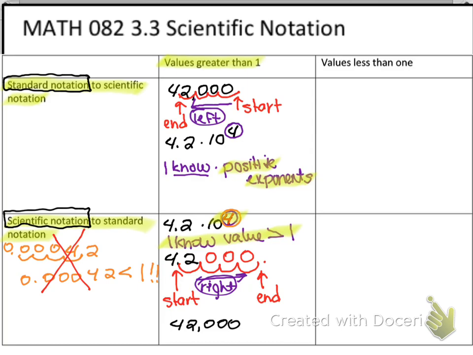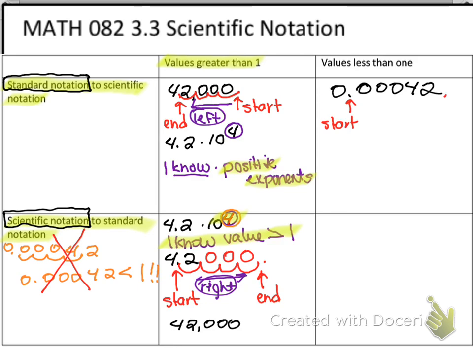Just for the sake of continuity, let's go ahead and use this example: 0.00042. We're trying to get this into scientific notation. Our decimal place is starting here. Where is it going to end?